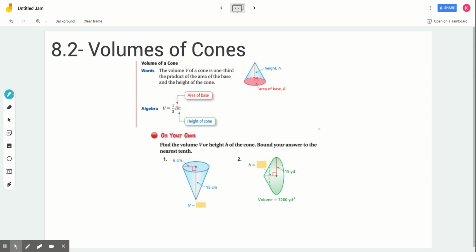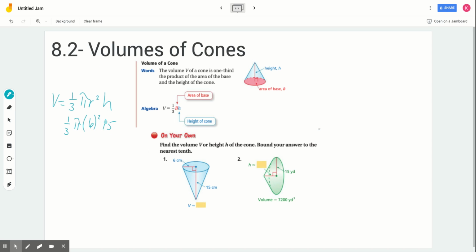When we are looking at this, remember that the area of the base is pi r squared. That's how we find the area of a circle. As we plug in this information, we have 1/3 times pi times the radius, which is 6, squared, times the height of 15.